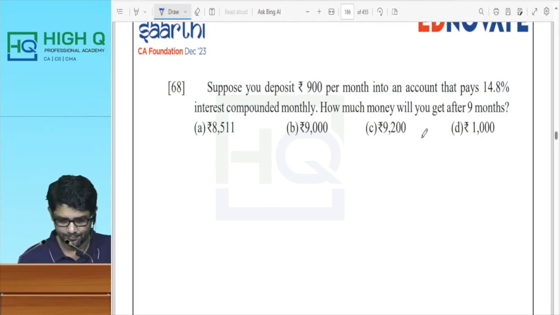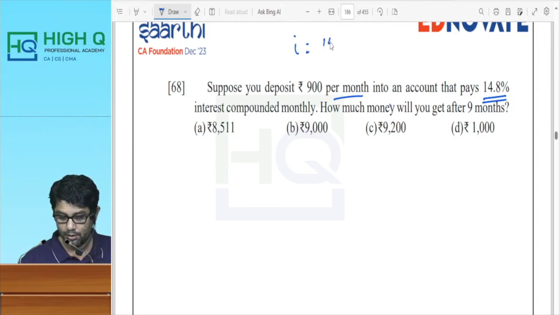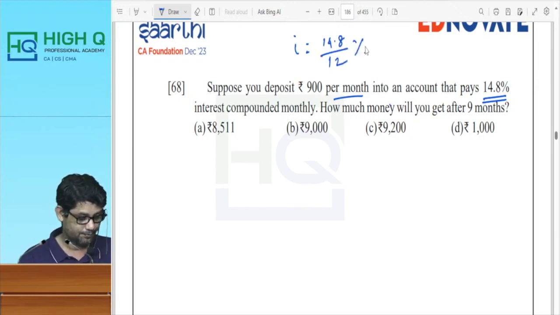Yes. Suppose you deposit 900 per month into an account that pays 14.8%. That means it is on a monthly basis. So what is I equal to? 14.8 by 12%, that is 0.148 divided by 12, which is 0.0123.